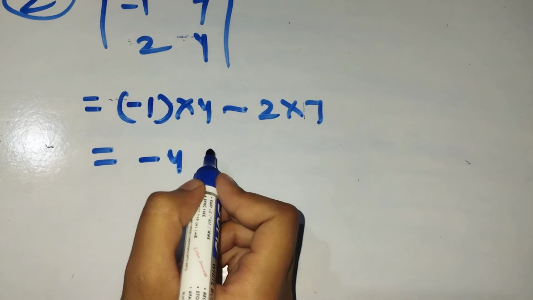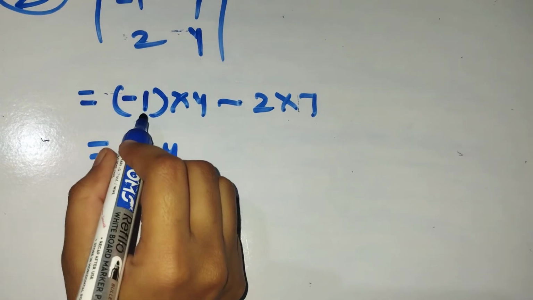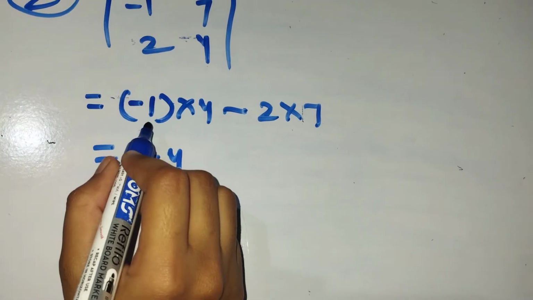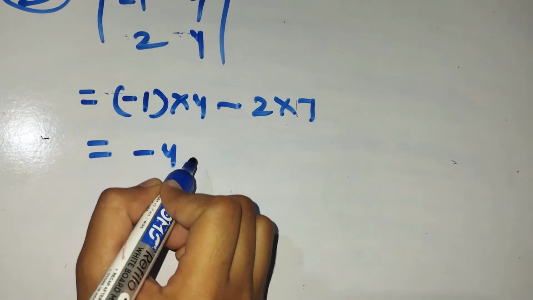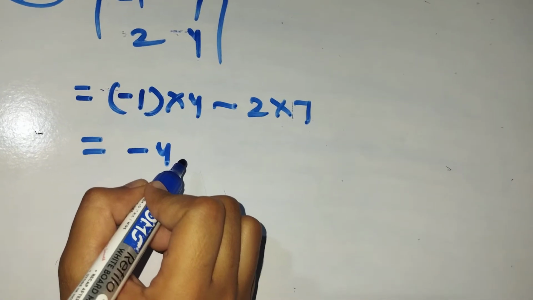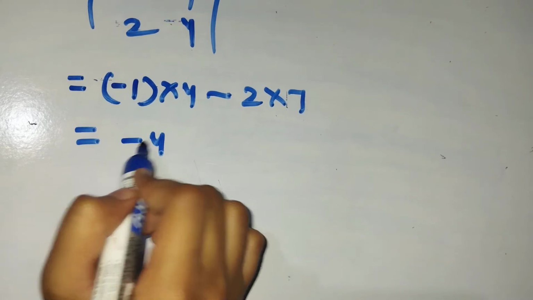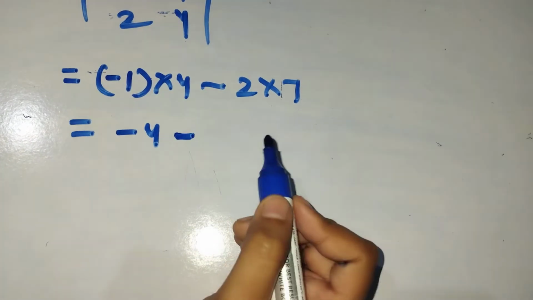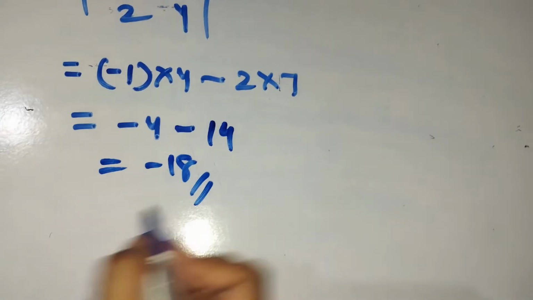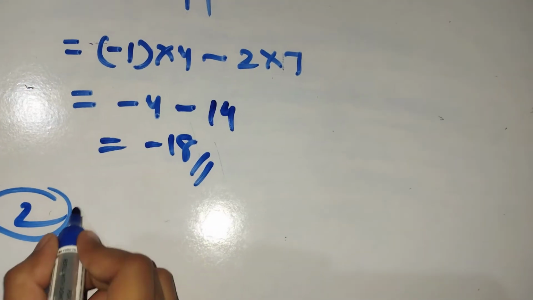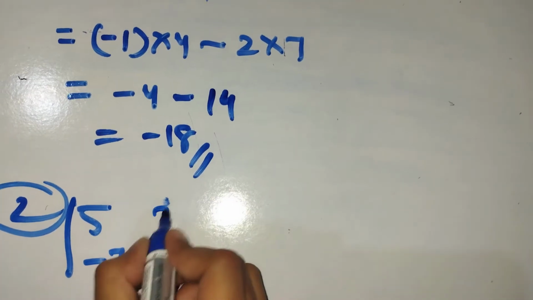Take the minus sign as it is. Here is 14 and you will get -18. This is your value.